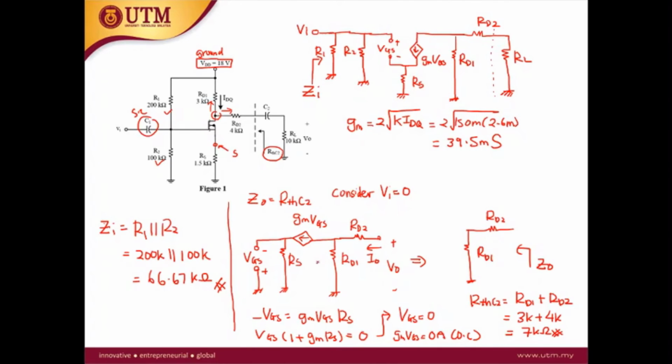But if you go through this example, you will see that in these cases, most probably for the output impedance, you need to assume VGS is equal to 0. So when VGS is equal to 0, GM VGS will also equal 0 ampere. So this is an open circuit. There will be no connection here. So what you see from the output is only RD1 and RD2.